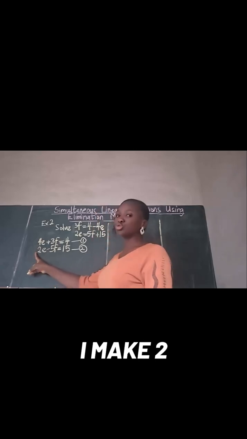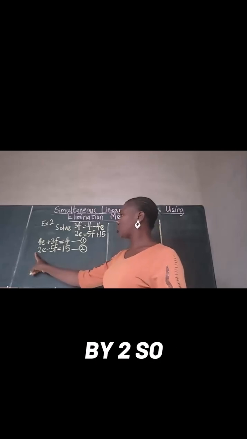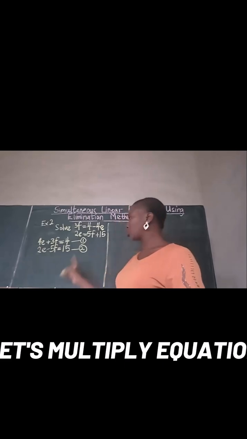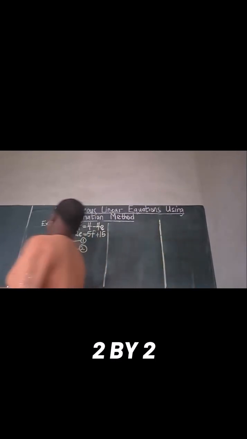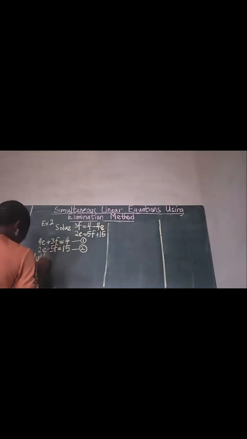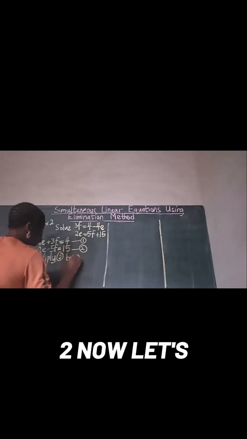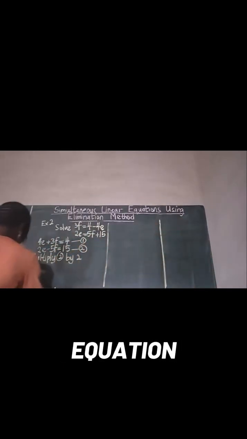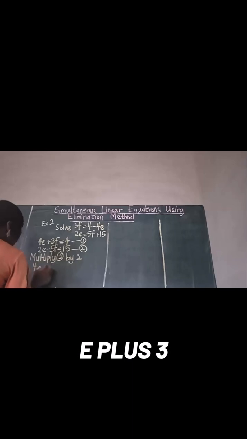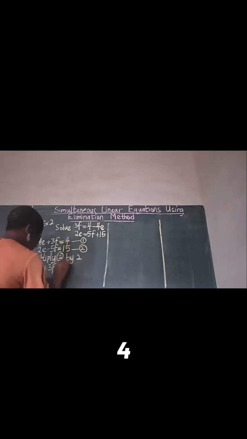So how do I make 2 become 4? I multiply 2 by 2. So let's multiply equation 2 by 2. Now let's write the first equation, which is 4e plus 3f equals 4.